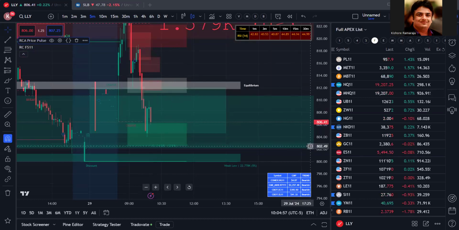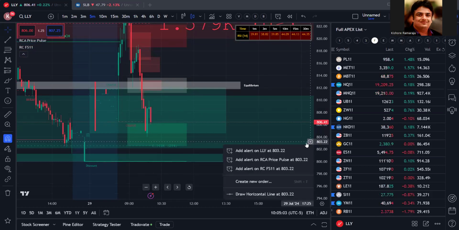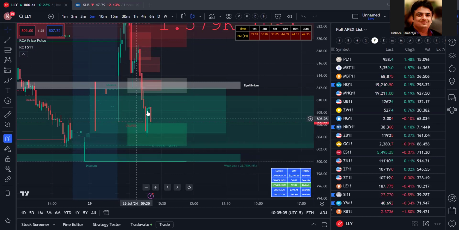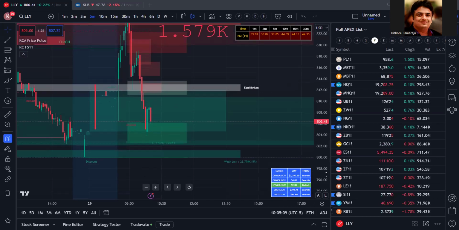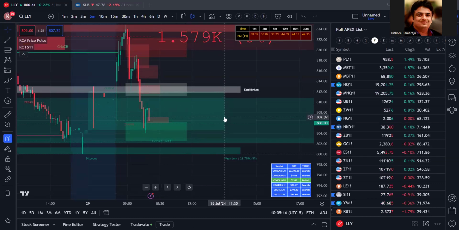So let us put an alert somewhere close to this. So when price comes around this point, we can buy the calls or we can sell the puts or we can do a debit spread or credit spread.